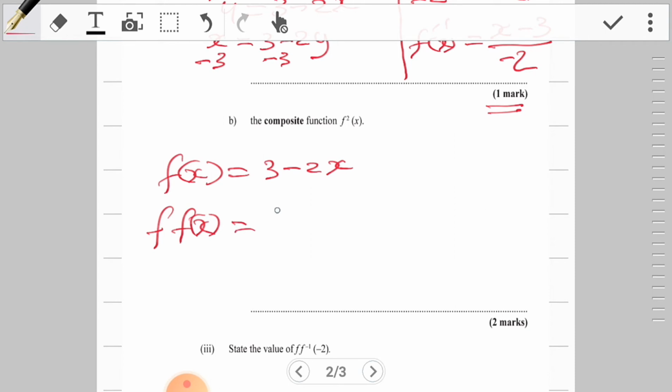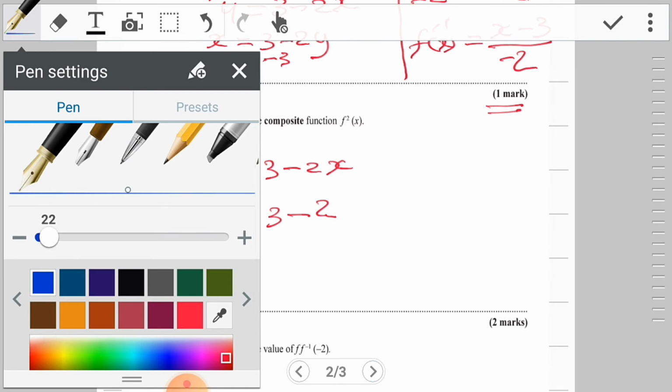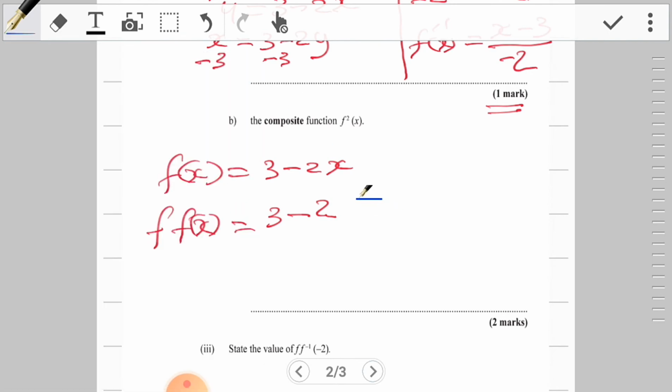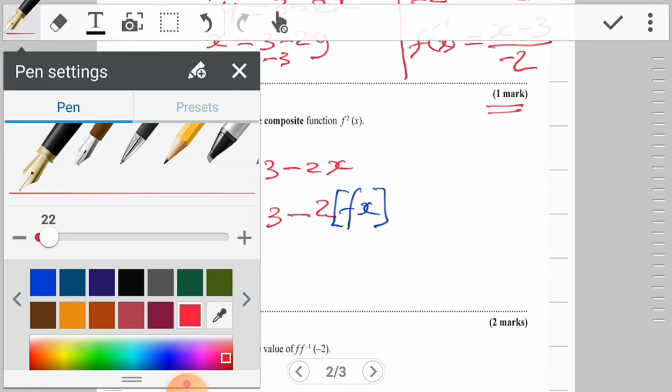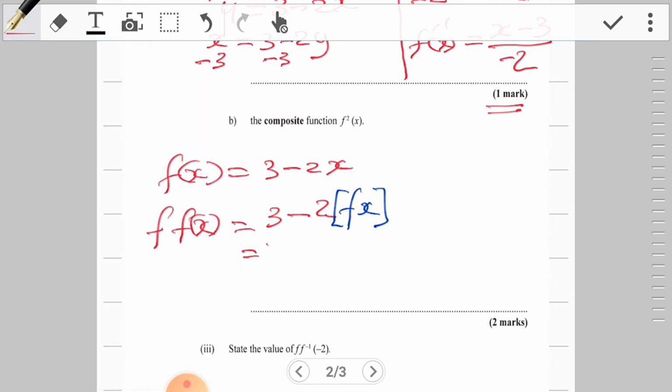We're going to have the f function coming in right here. So we put in the f function where the x is. What we have now is 3 minus 2 times the f function, but we all know what the f function is. It is 3 minus 2x.